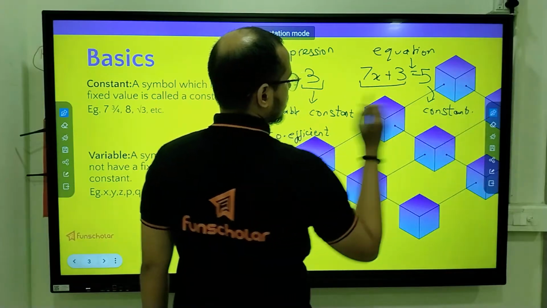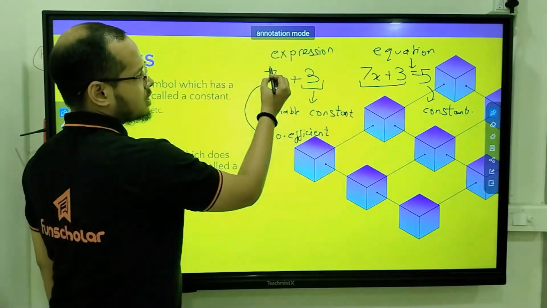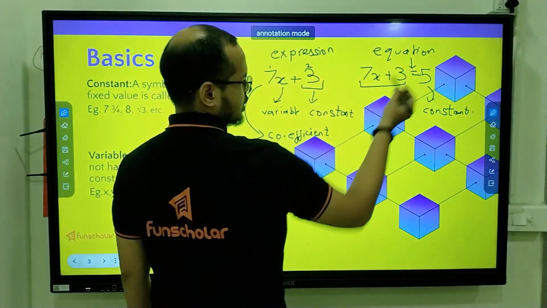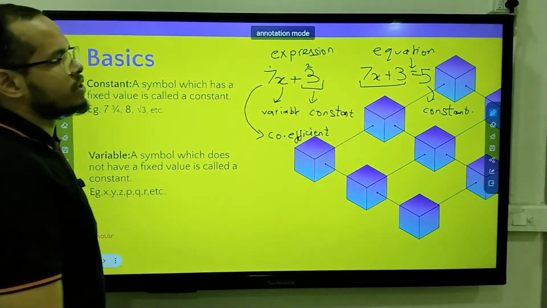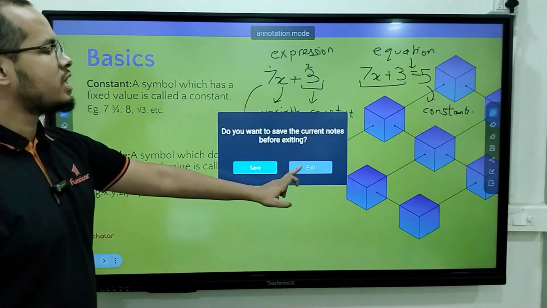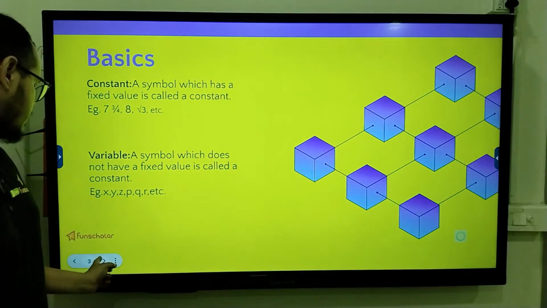The number of terms in this expression is 1 and 2. The number of terms in this equation is 1, 2, 3. There are 3 terms in this. Variables can be any alphabet.